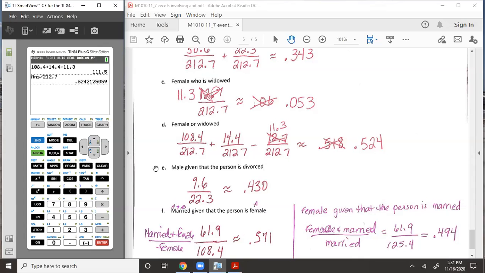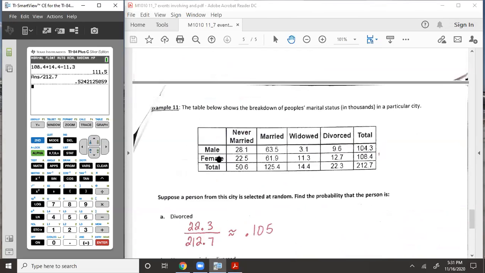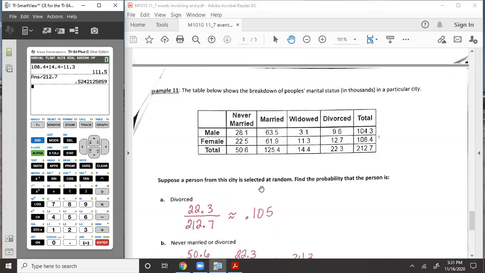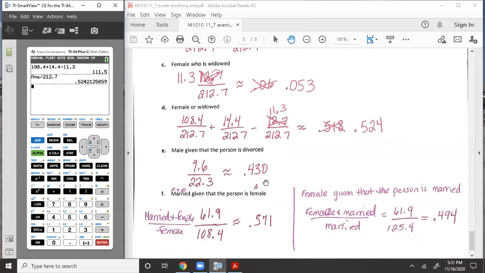Find the probability in part E of a male given that the person is divorced. So the person is divorced is 22.3. So that is our new total that's at the bottom.